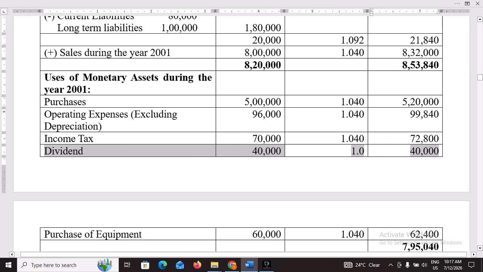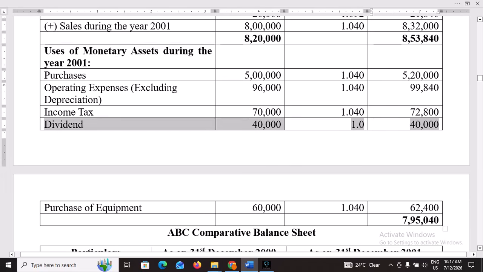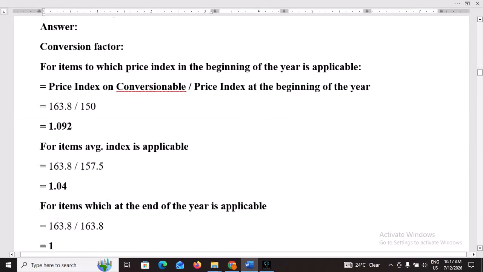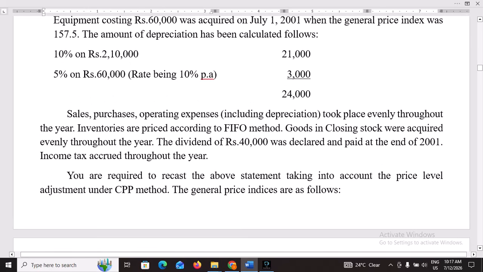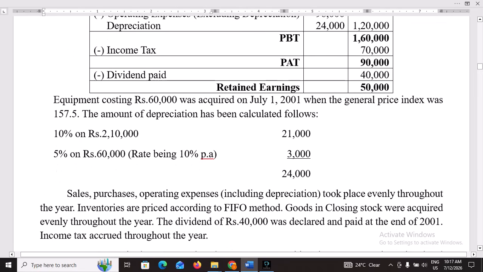Done. Okay, next, uses of monetary assets. Purchase of equipment is also a use of assets. Equipment costing rupees 60,000 was acquired on July 1, 2001, when the general price index was 157.5.